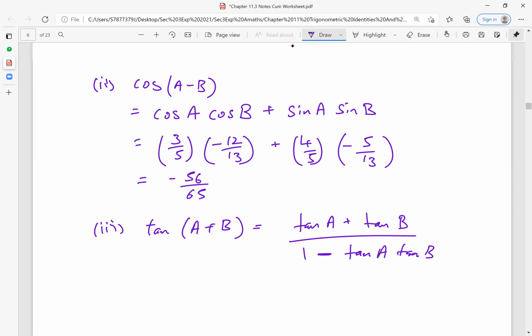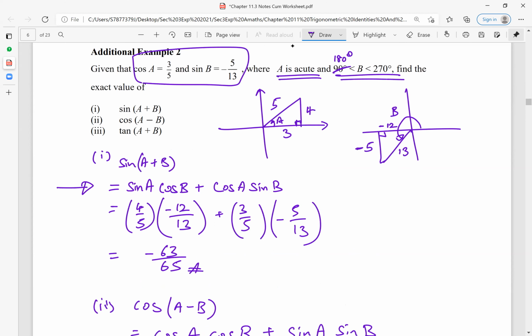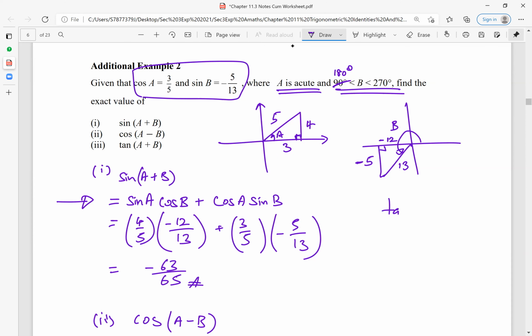Okay, so tangent we never find. So we need to find it. Can we look for tangent, please? So what is tangent A? Tangent A is O over A, which is 3 over 4. And tangent B is negative 5 over negative 12, which is 5 over 12.